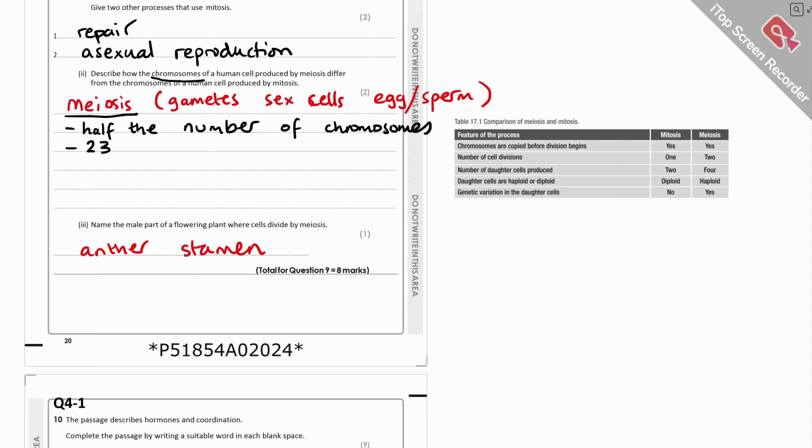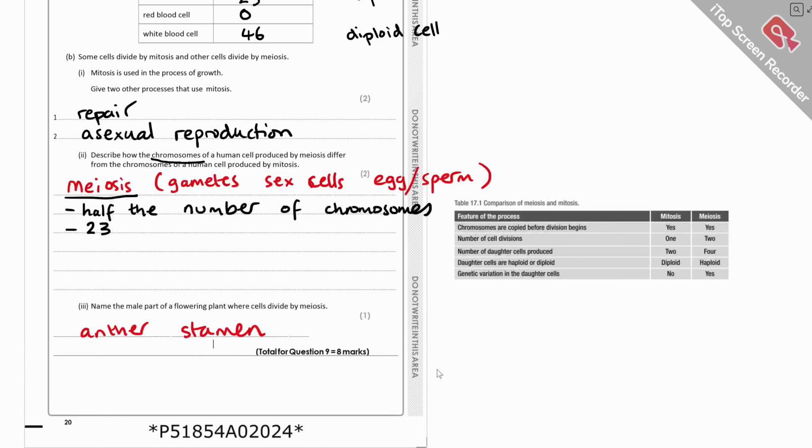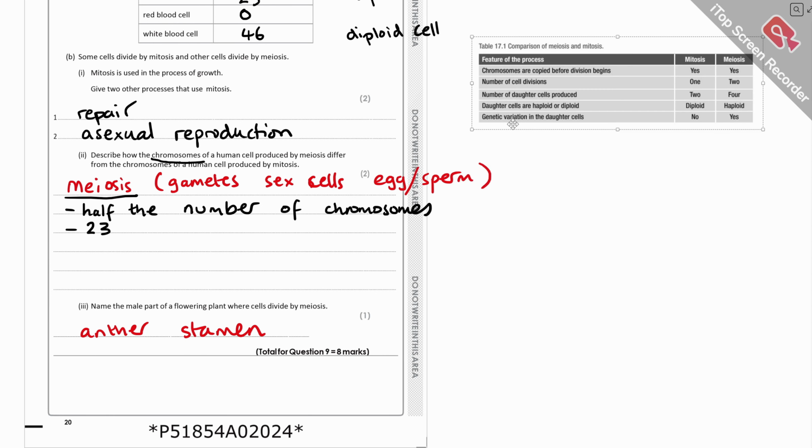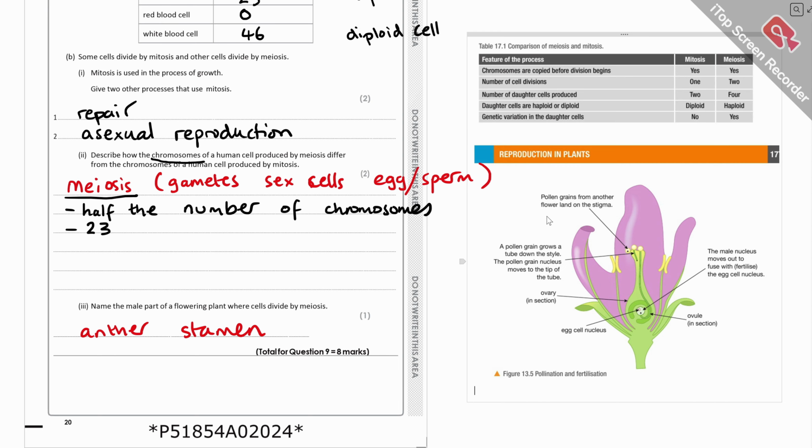Right, let me just go get the diagram. Just give me 1 second. Right, okay. Move you up, paste you. There you go. So what they're saying is what are they saying?